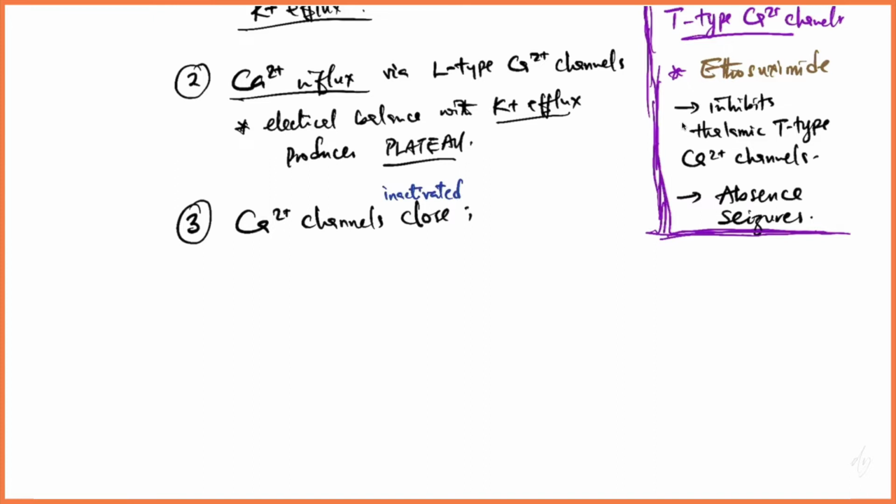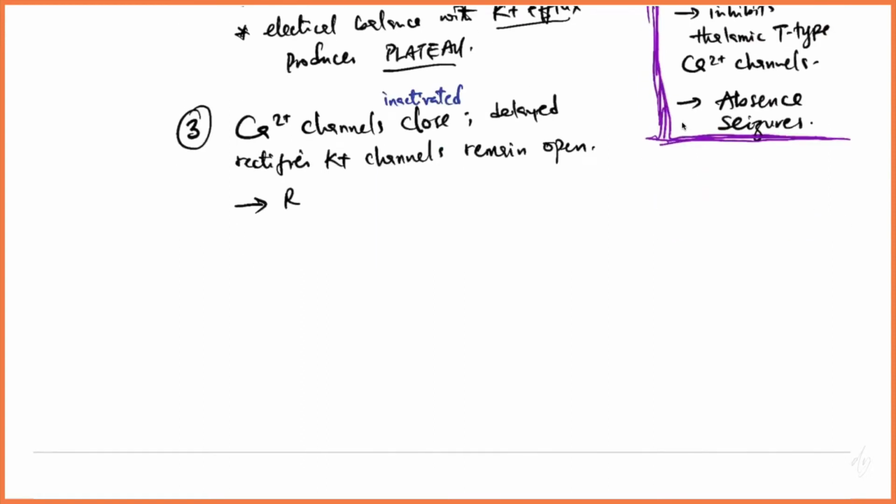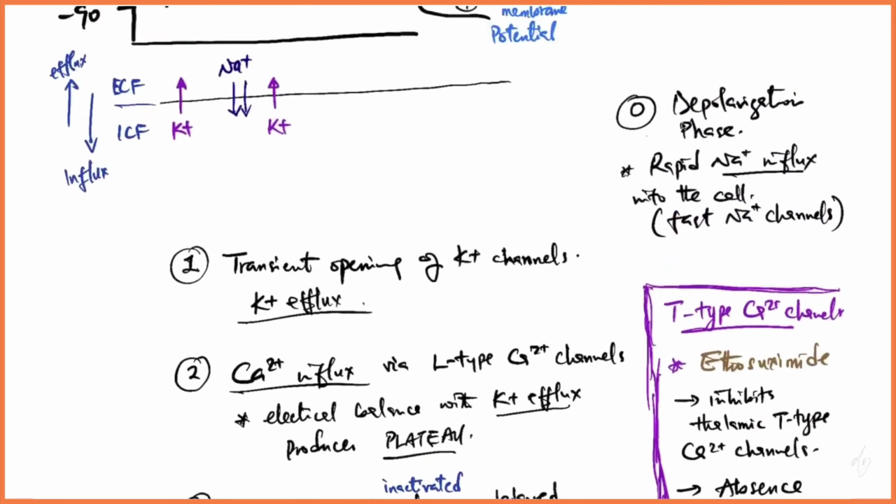When these calcium channels close, the delayed rectifier potassium channels remain open. That's the balance we talked about that is distorted. And then there is return to resting membrane potential at minus 90 millivolts. You don't have to memorize any of these numbers.